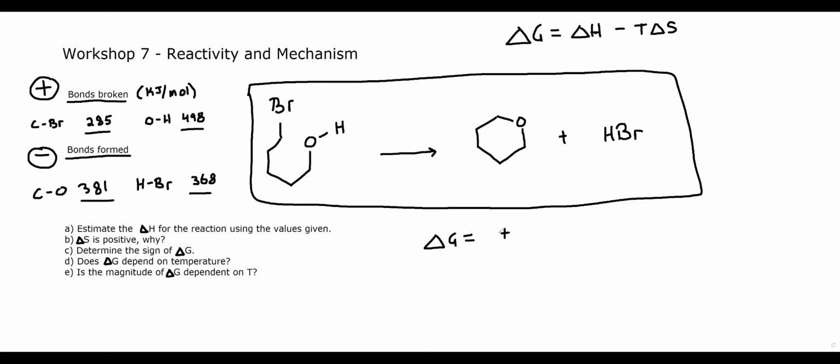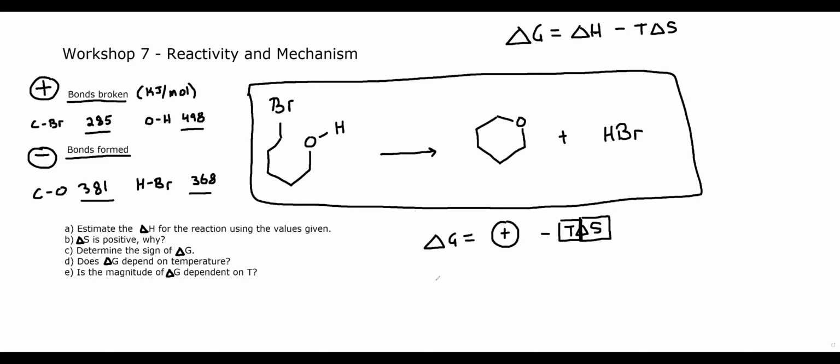I'm just going to put a positive number for delta H minus T delta S. Now temperature is always positive because it's in Kelvin. Okay, so temperature is always positive. And from part B, we see that delta S is always positive.